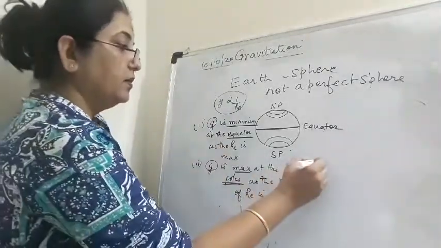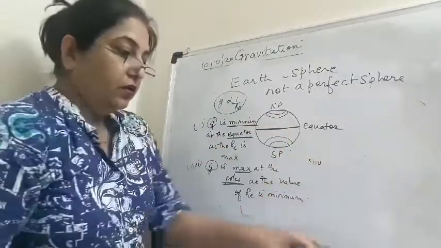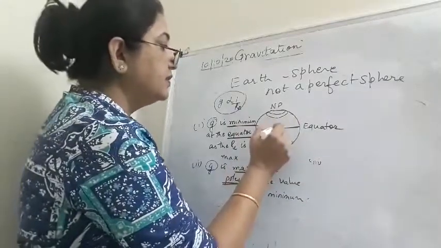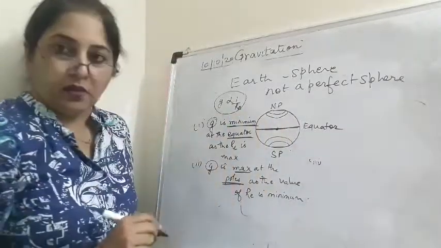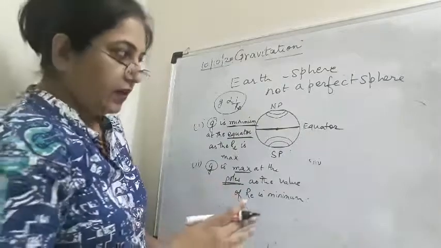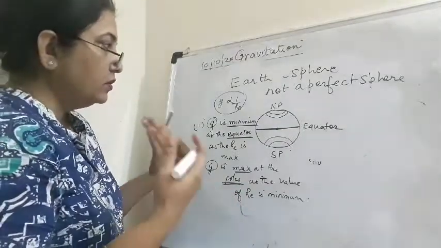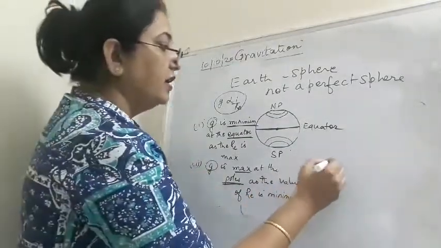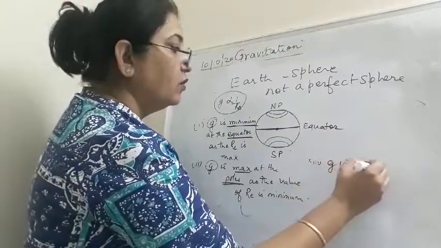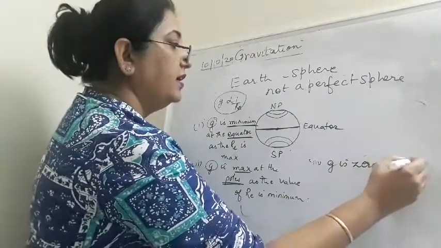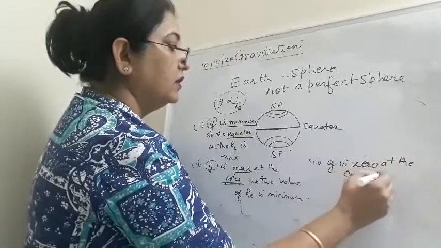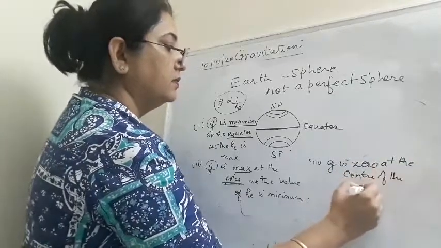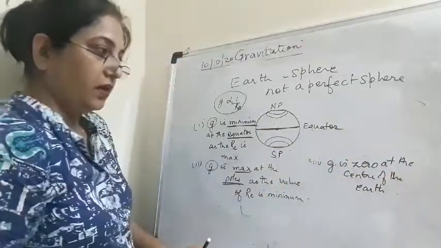Remember this about G. Number 3. You know that this earth has center. Center means no radius. When no radius means no G. So therefore we say G is 0 at the center of the earth. Okay, remember this.